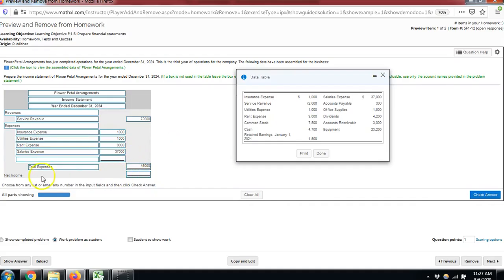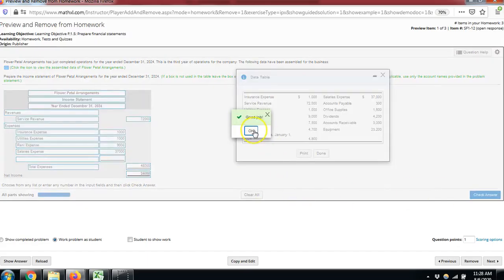So now our net income is simply our revenues minus our expenses. 72,000 minus 48,000 is 24,000. So let's see how we did. Okay, we got everything right.